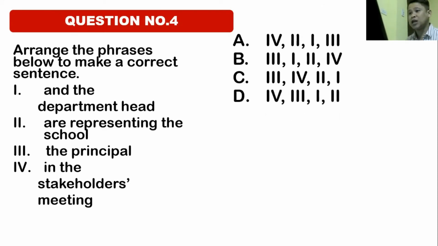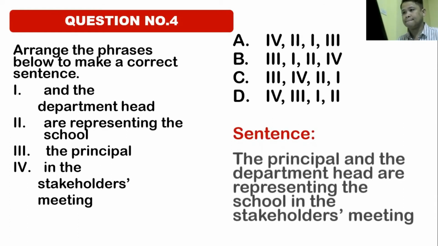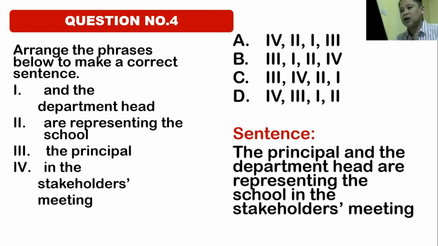So the correct answer here is: the principal, that's 3, and the department head, that's 1, are representing the school, that's 2, in the stakeholders meeting, that's 4.